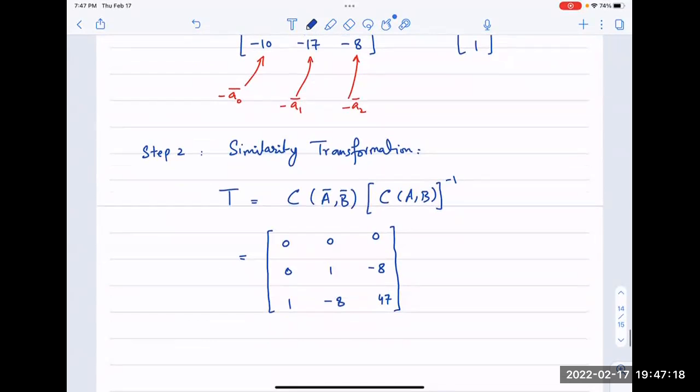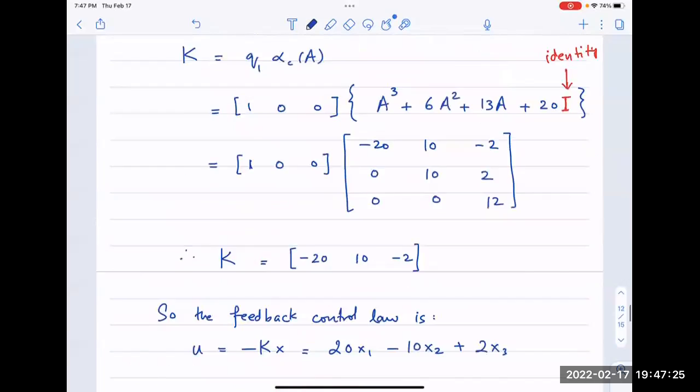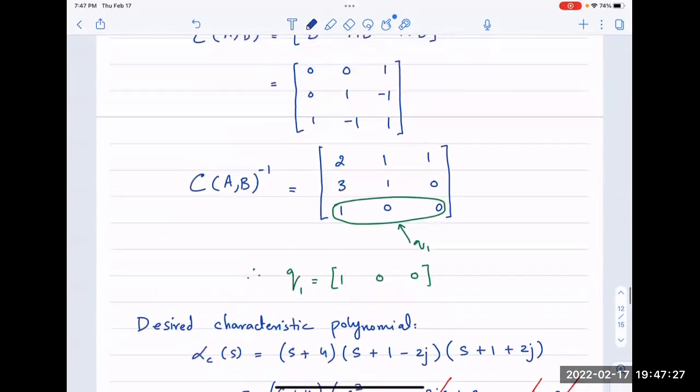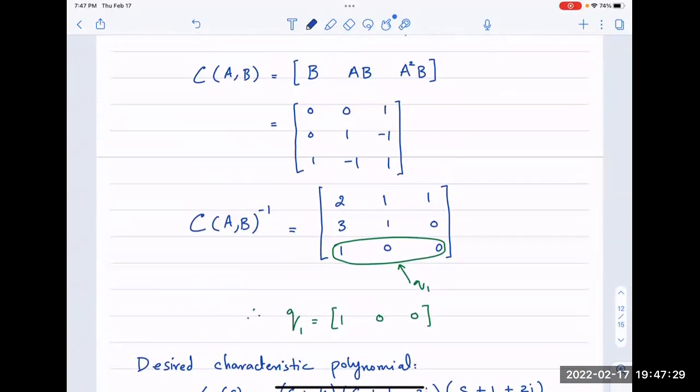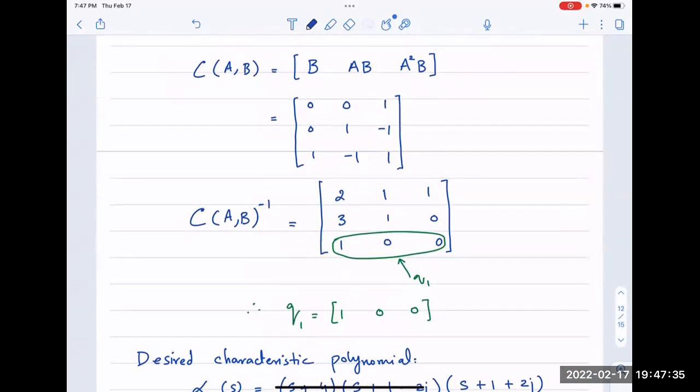Then the controllability matrix of A, B, I think we have computed it earlier, so it's here. And actually its inverse is also there. So let's make use of this.